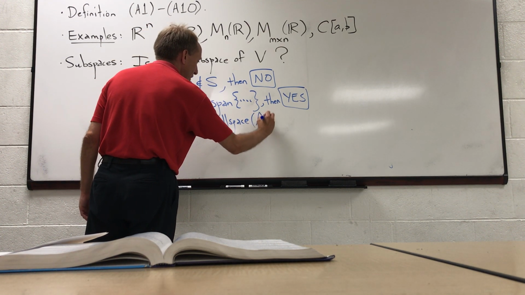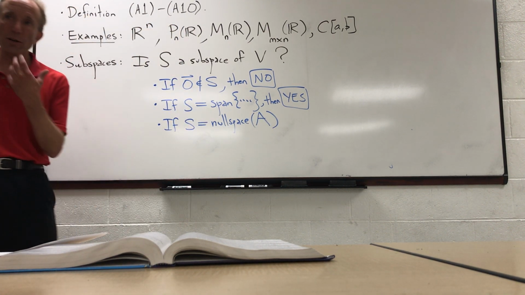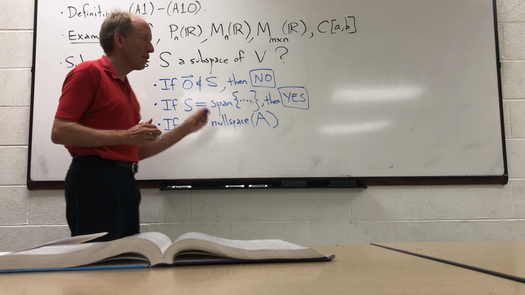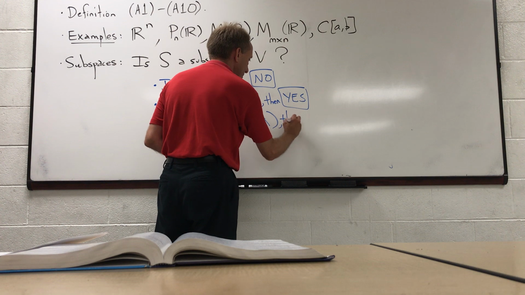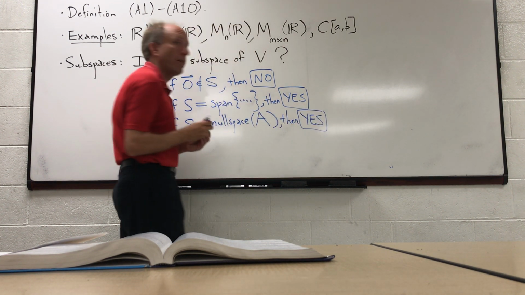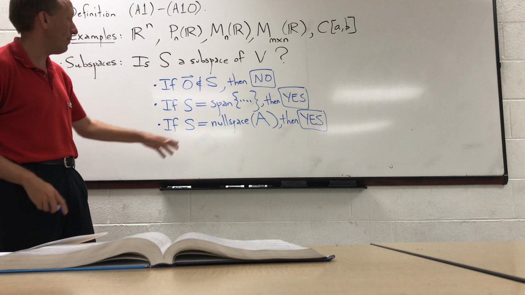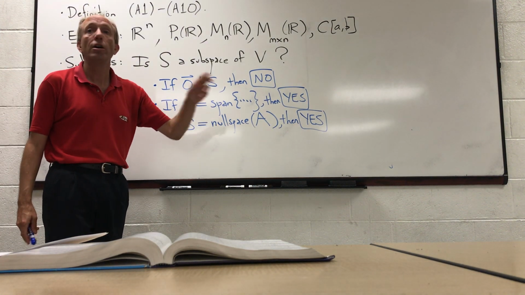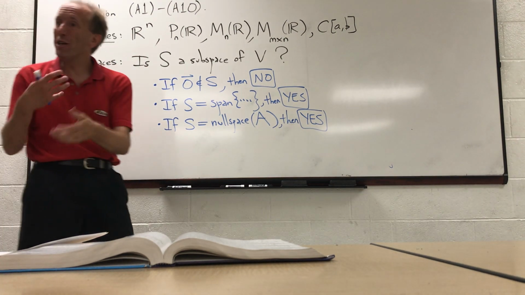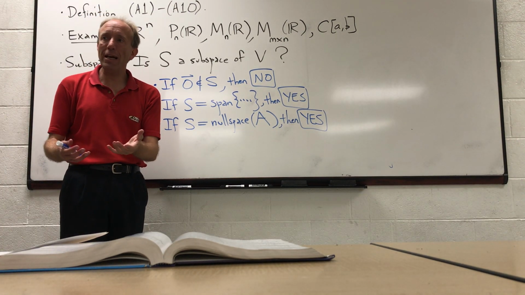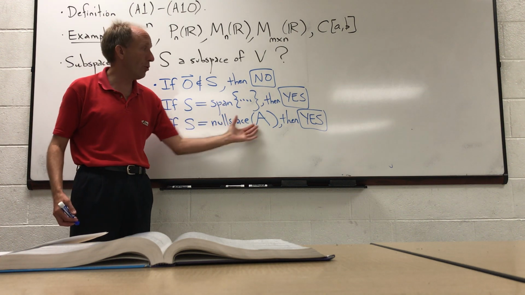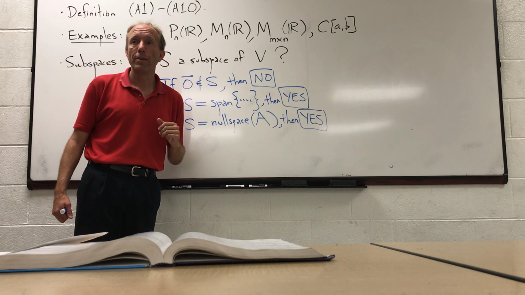If somebody gives you a matrix and you're looking at the null space of that matrix, guaranteed for sure this is a yes. And you can justify it really quickly. If you have a null space of a matrix, you can skip checking closure under addition and scalar multiplication, and you can simply state this fact that a null space is always a yes, right?